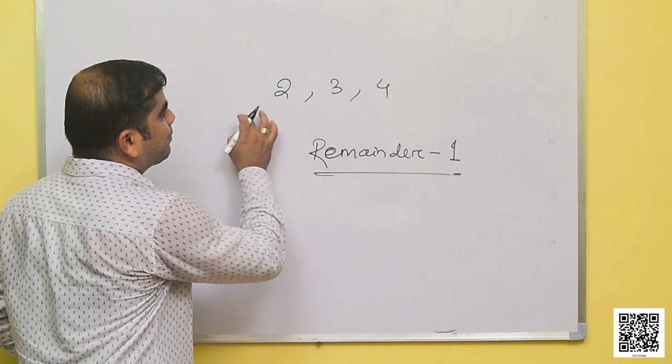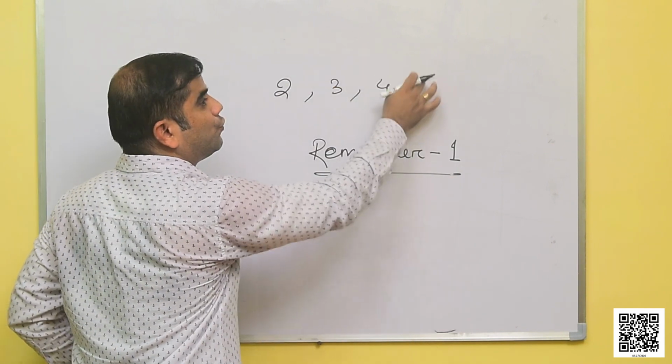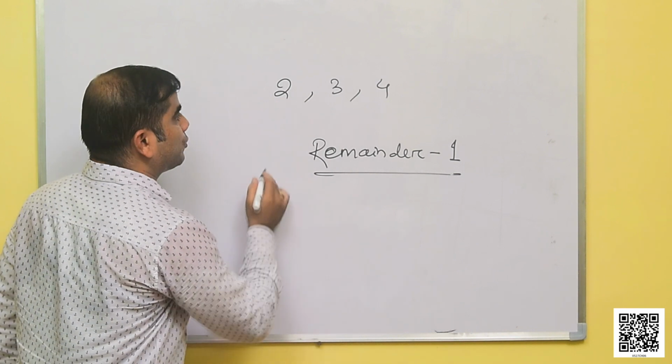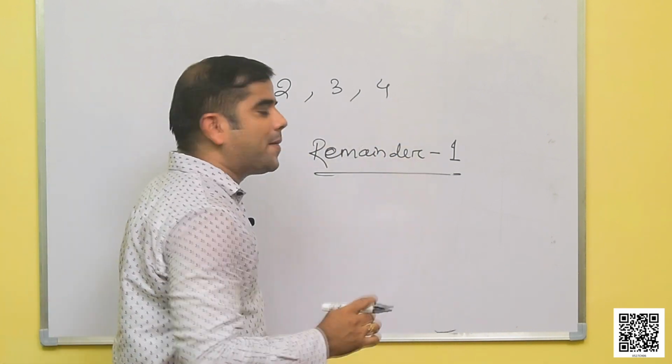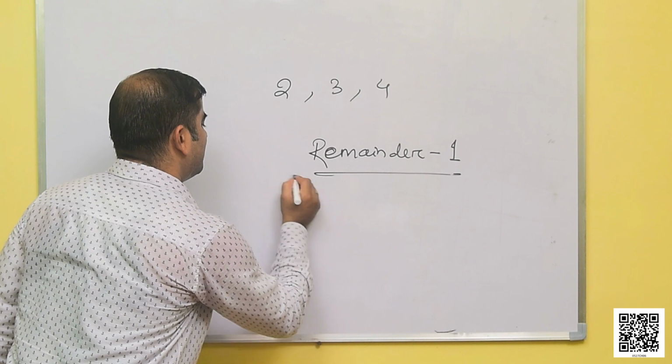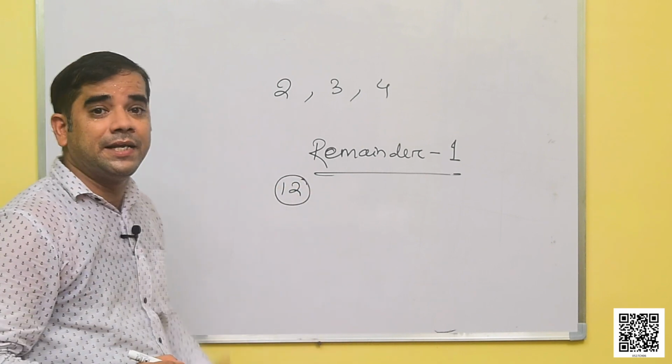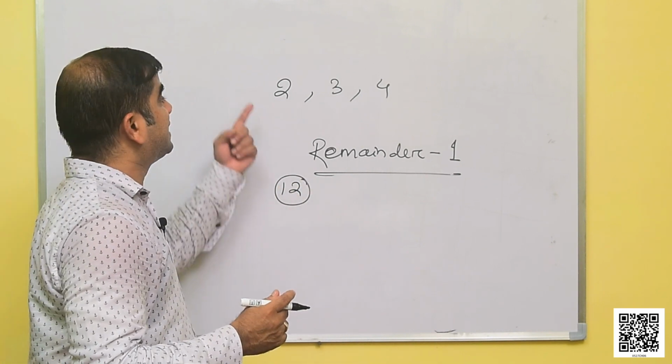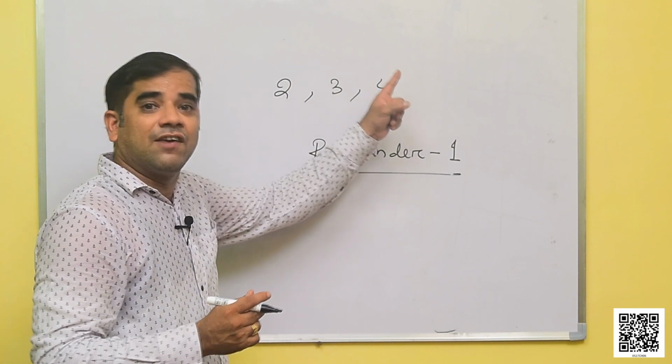So I have to go for a common multiple of 2, 3 and 4. Suppose 2, 3, 4, the common multiple is 12, because 12 lies in the tables of 2, 3 and 4.